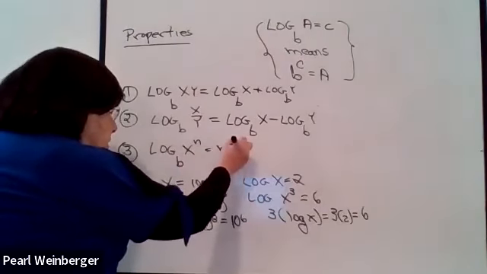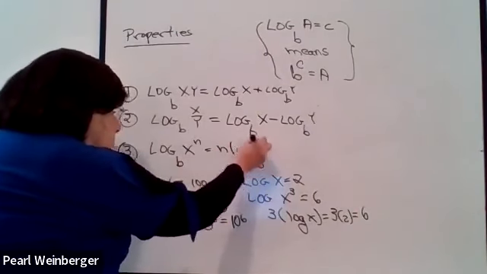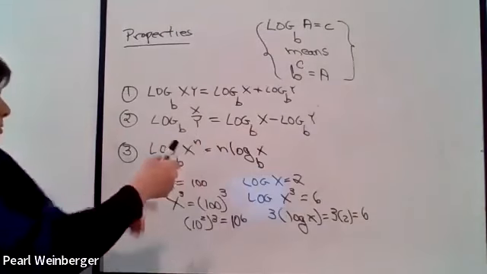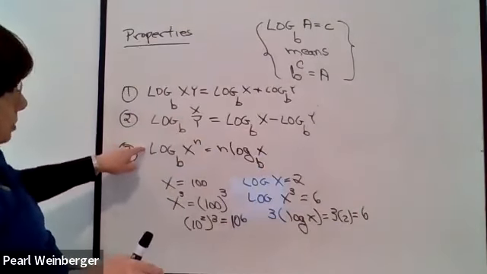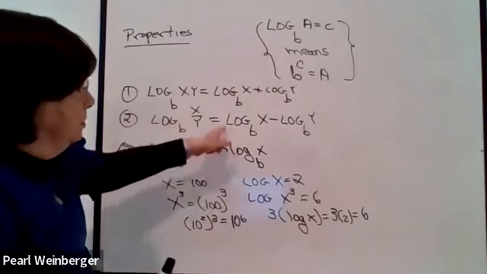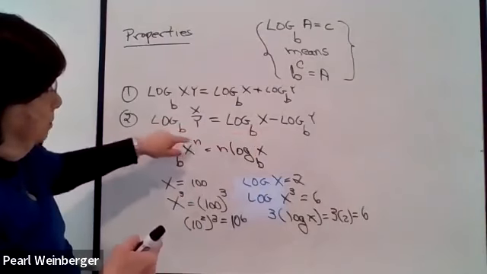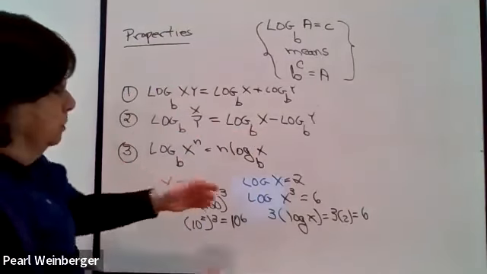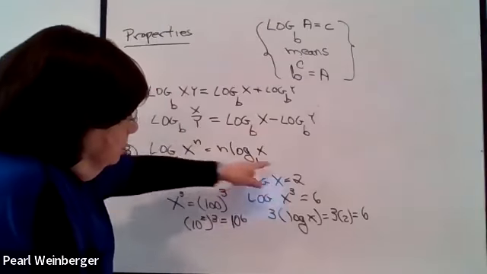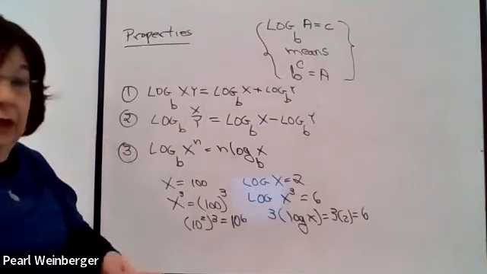In other words, the exponent becomes the coefficient. Why? Because this log of x is an exponent. And if you have something with an exponent raised to a second exponent, you multiply those two exponents together. You take the log of x and multiply by 3 to get the 6.